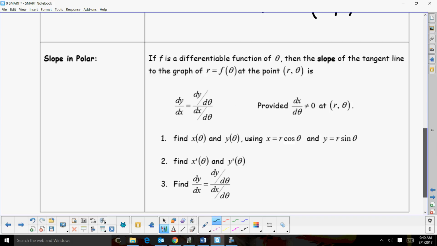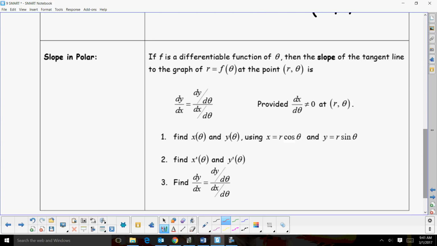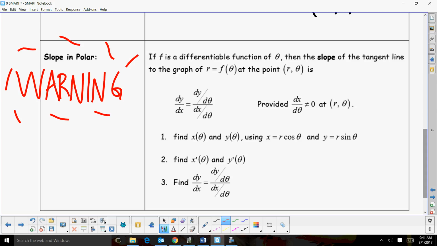Okay, so slope. And here's where I'm going to heed this warning. Warning. So you get a big fatty warning here. Because I would say a third or more of students, even when I yell this out with the warning and the flashing lights, there will be at least 2 of you in here that will do, oh, slope of a polar, I'm going to do r prime.